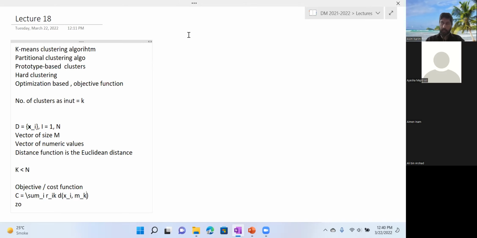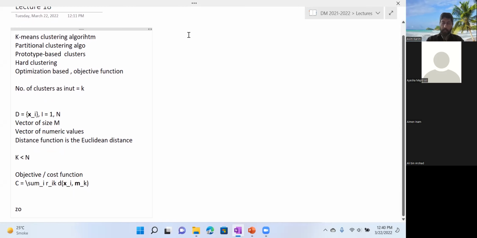So of course these are vectors. So i, of course, is the object representing the n objects. So i goes from 1 to n. Okay. So what is m k? Of course, what is k?